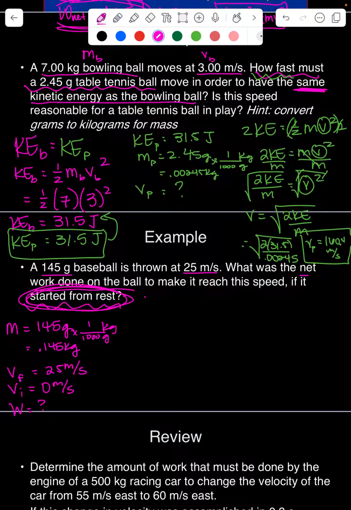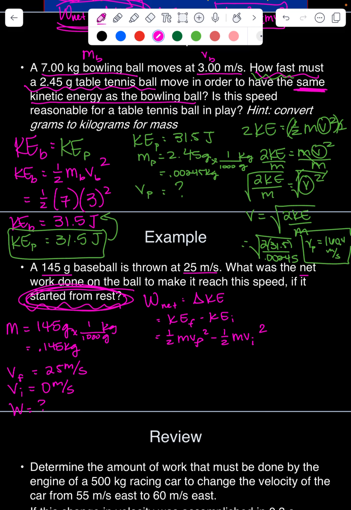So we know that we're looking for the work done on the ball, so that is going to be the change in kinetic energy. Well, we know delta anything can be broken down into final minus initial. And we can break these down, final meaning the final velocities. So we have 1/2 mv final squared minus 1/2 mv initial squared.